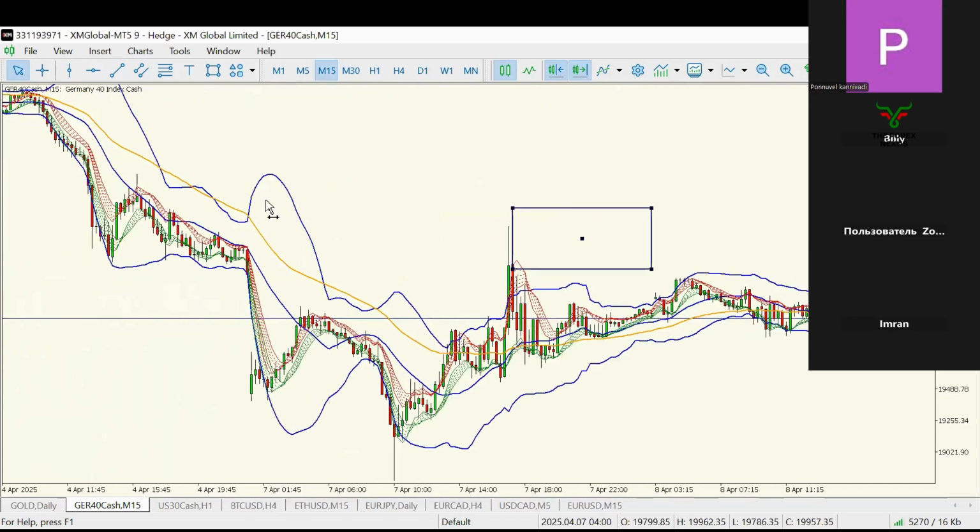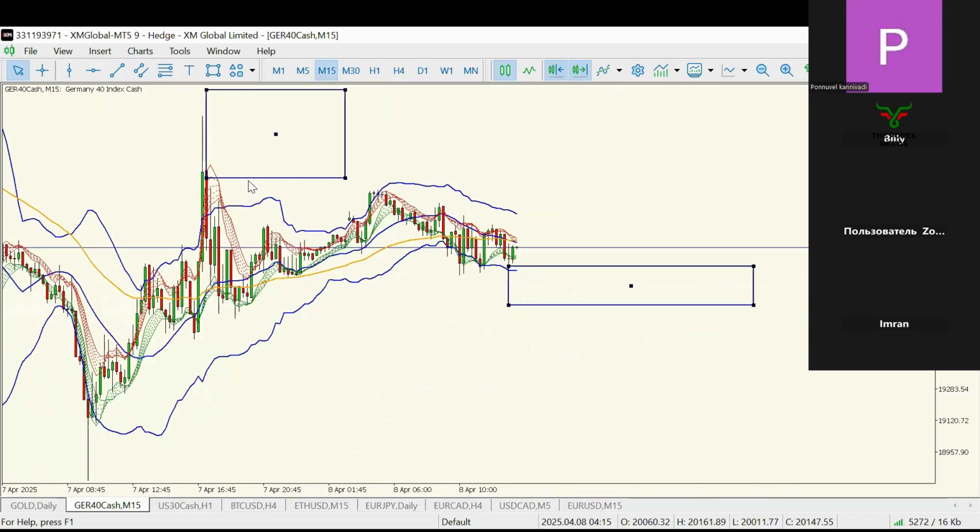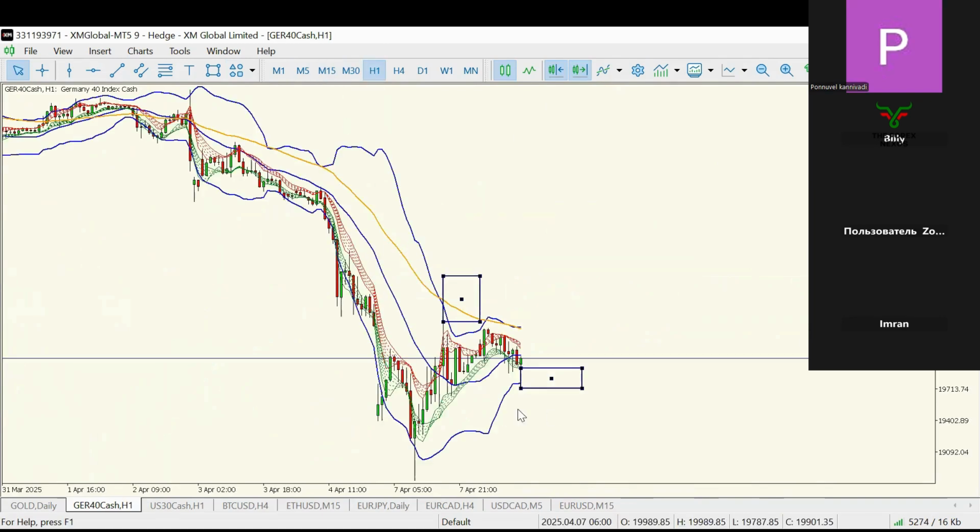See, the market formed a magic extreme here for sell. So if you buy here, you can close here, because this is a trending indication for the market.